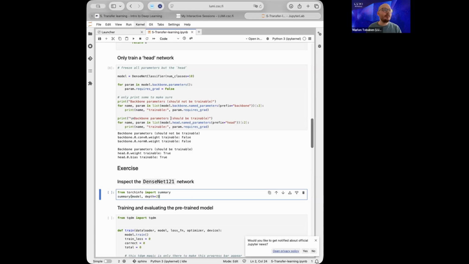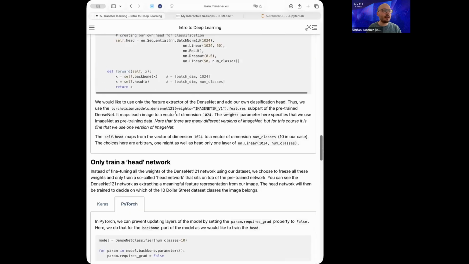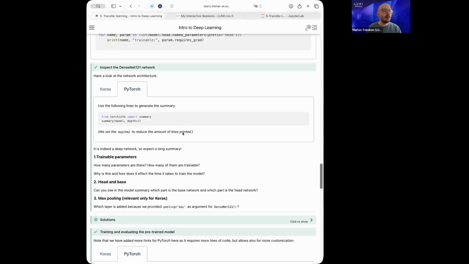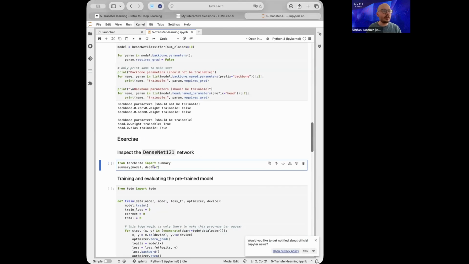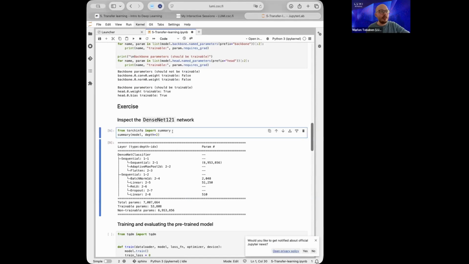Okay, I think we come to the first part of the exercise, if I'm not fully mistaken. So now we could print this summary here. Let's see if I can do it. Yes. So we use this summary function, and we say we don't want to see all the layers because there are so many, so we reduce the depth a bit so that we can actually print it.